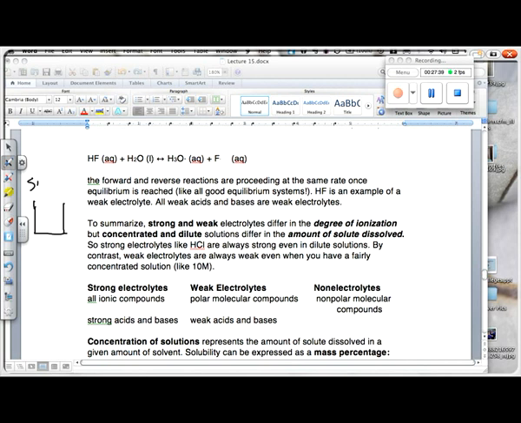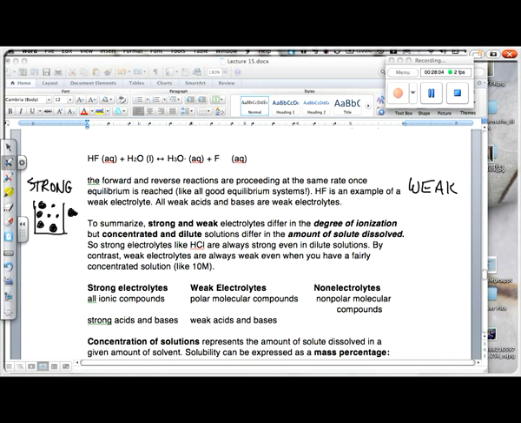This is going to be strong, and over here we're going to have weak. I'm going to make it simple, just a little 2-particle system. Every single particle, where before I dissolved it, it looked like this, so it could be HCl, every single particle breaks apart.